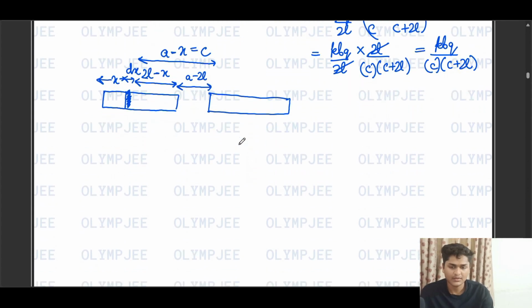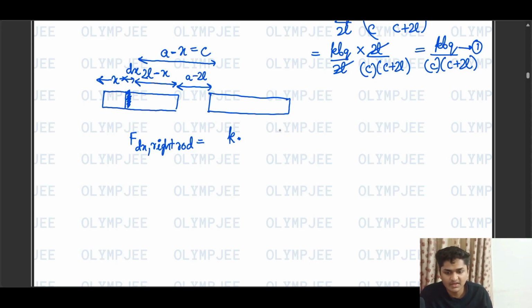So we can write the force due to dx on a right rod. I am using this equation which we derived earlier. It will be given as k, and now we cannot write it as b because I have not assumed it as b.